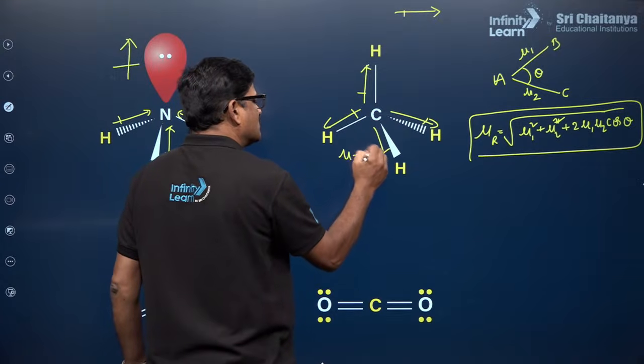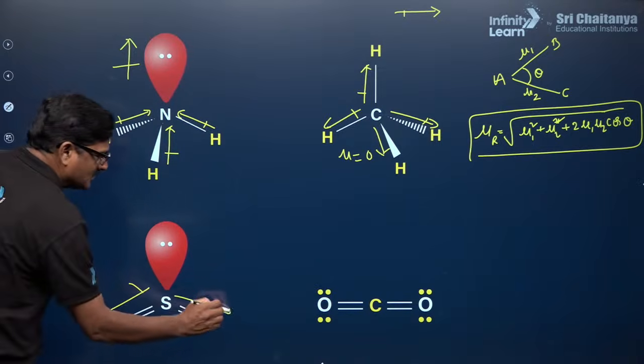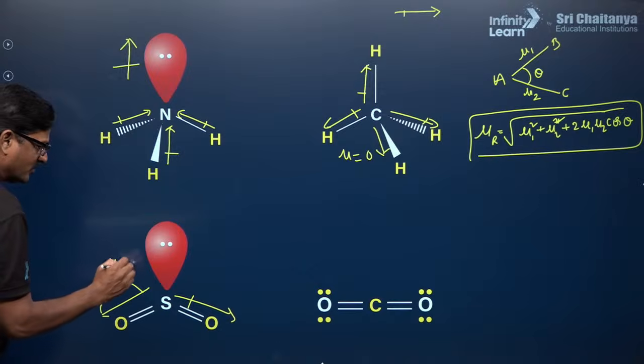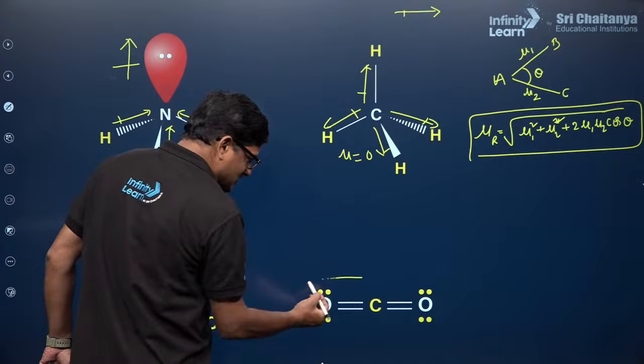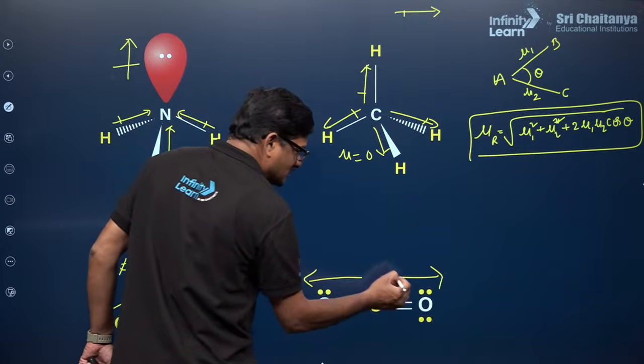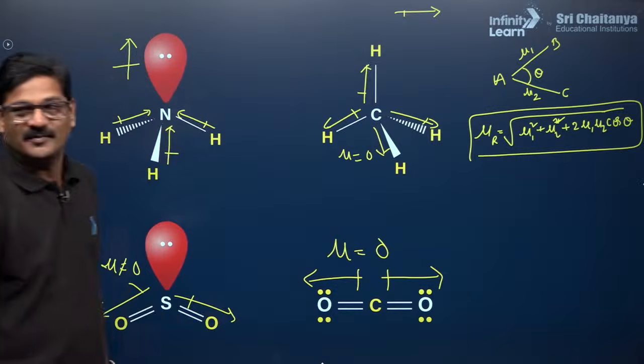The resultant dipole moment is going to be 0. Sulfur dioxide, you are going to see the resultant dipole moment is not equal to 0, a polar molecule. Carbon dioxide has exactly opposing two bond moments, so it is going to be 0. Fine.